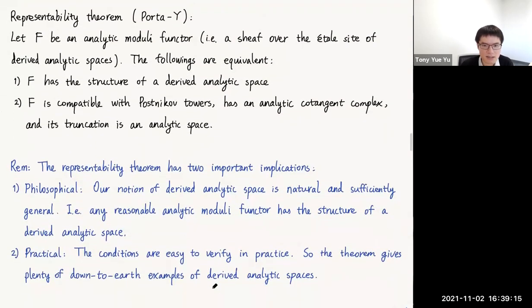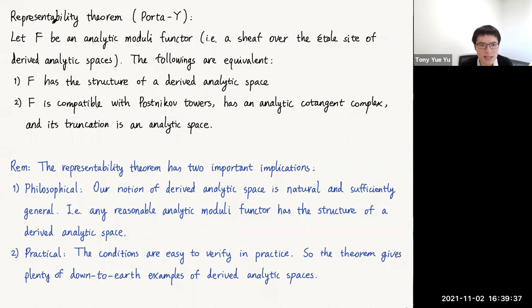Let me remark that the representability theorem has two important implications. The first implication is philosophical. It implies that our notion of derived analytic space is natural and sufficiently general.